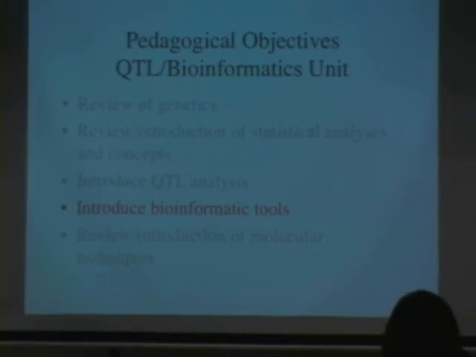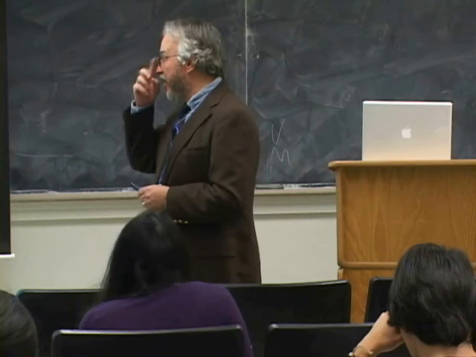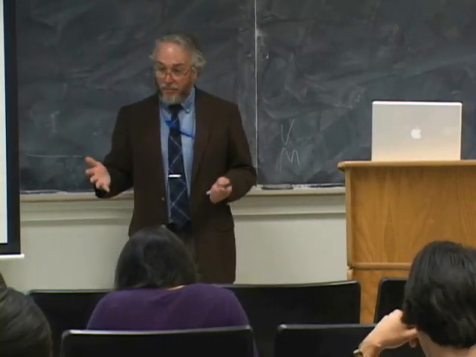So the other thing I wanted you guys to see was a whole bunch of bioinformatic tools, and that was one of the focuses of this module. These are tools that even as I speak, real deal scientists, biologists are using right now to figure out questions like we address. You know, what's affecting a phenotype?